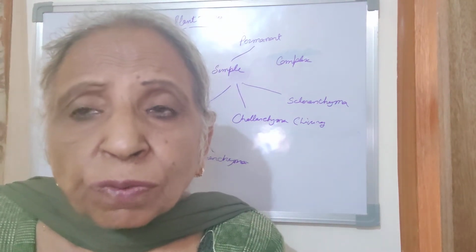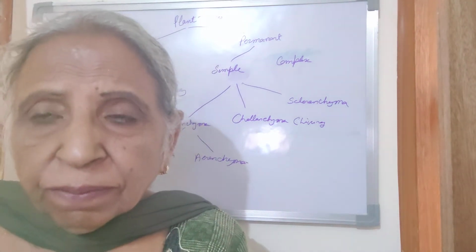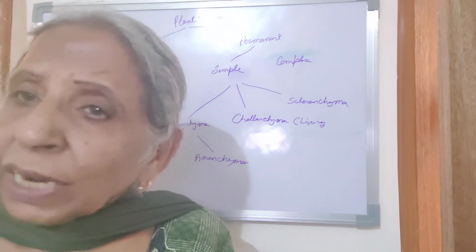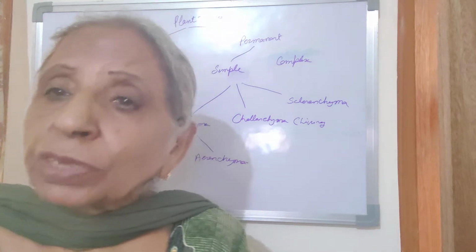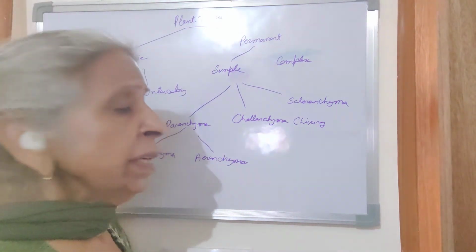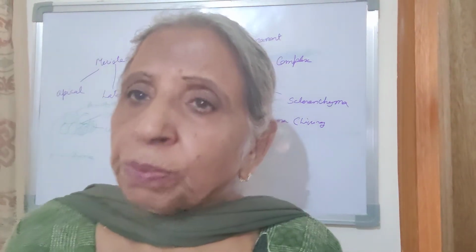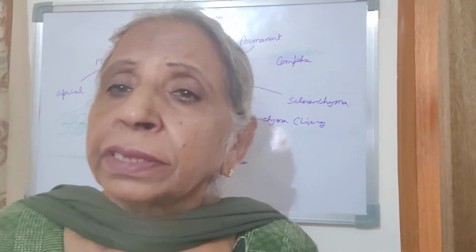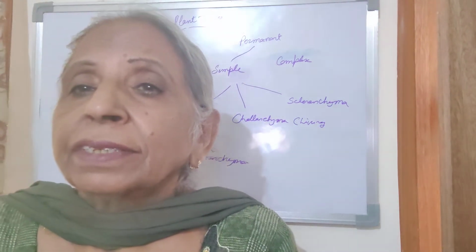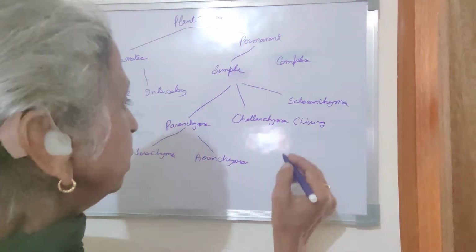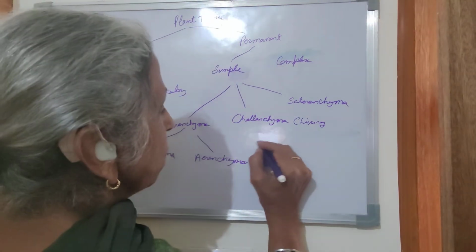Just in case of climbers, tendrils, root and leaf tendrils, stem tendrils, they are present there. They have little intercellular spaces. They have intercellular spaces, but they are very small.